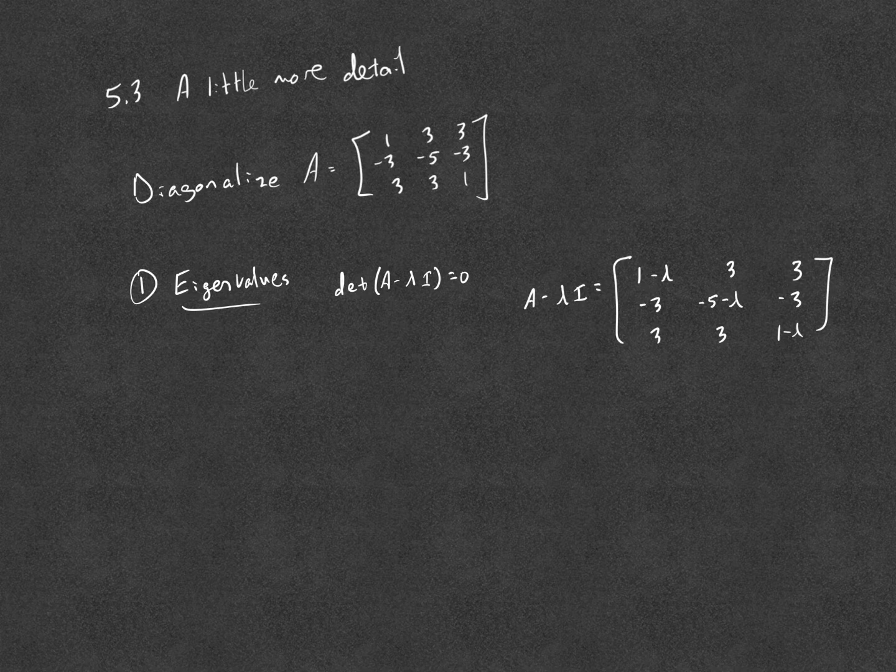To actually do this determinant of A minus lambda I, this would be a lot to expect you to do by hand for this example. So this is one where I would absolutely use my calculator. Hit that second math button and then go to determinant, and then type in this matrix in your calculator.